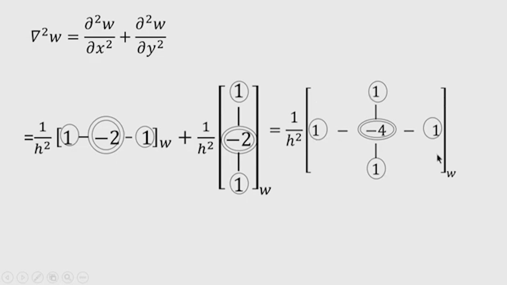Of course, the corner terms will be 0, there will be no coefficient appearing at the corners. So, this is the del square W by del x square plus del square W by del y square equation in finite difference form. This is the Laplacian equation, a very important equation. Now, if I remove W, then this term represents the operator del square.